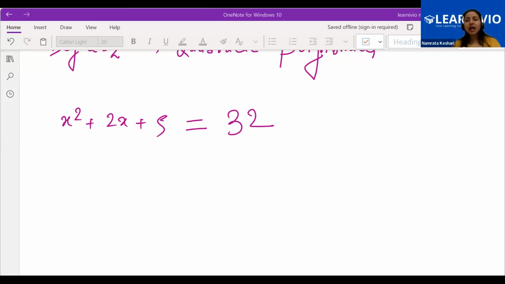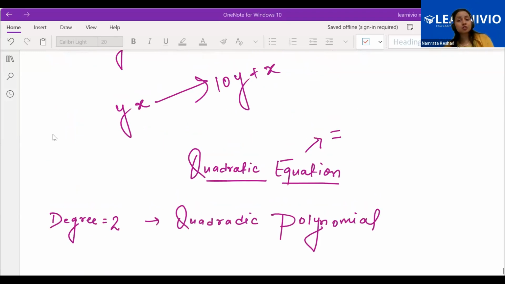Whenever we have an equality sign in mathematics, there is a left hand side and a right hand side. Whatever is there on the left and on the right, that's called an equation. So here we will be talking about the quadratic equation. That means the equality sign will be there.